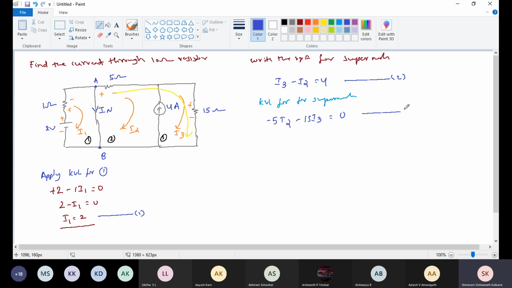I call this equation 3. Now solve equations 2 and 3. I1 we know from equation 1. Tell me the values for I2 and I3.